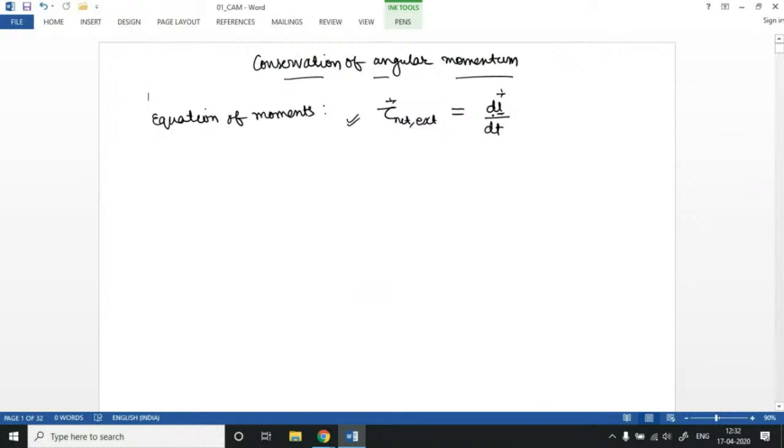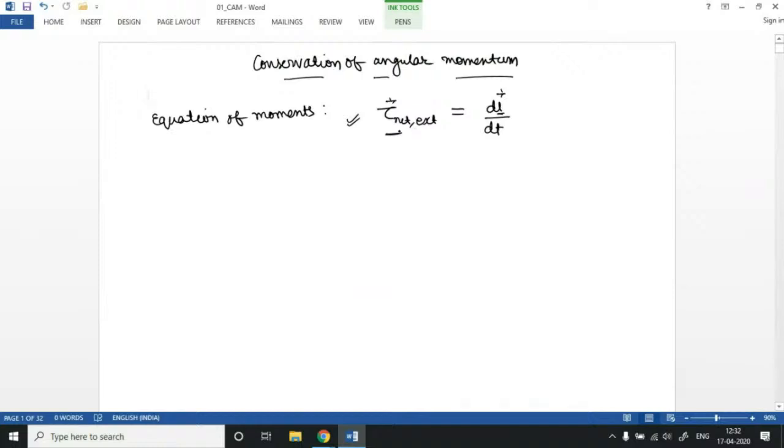Similarly, for the net external torque in the center of mass frame about an axis passing through the center of mass, we need not worry about any torque produced by the pseudo force.